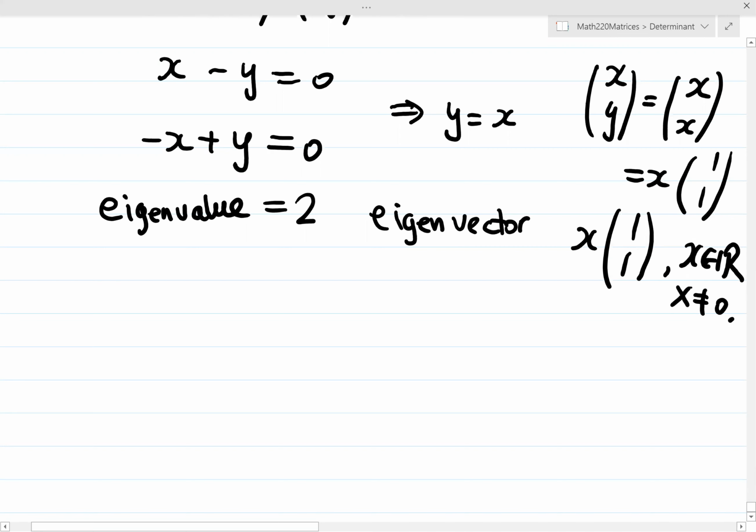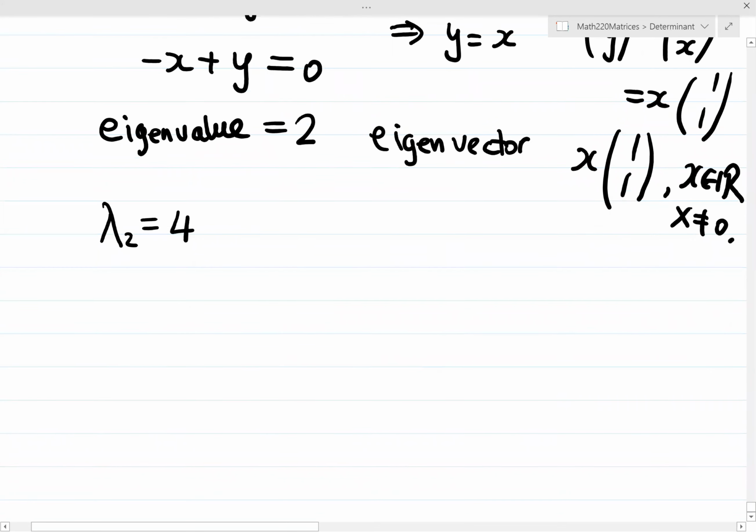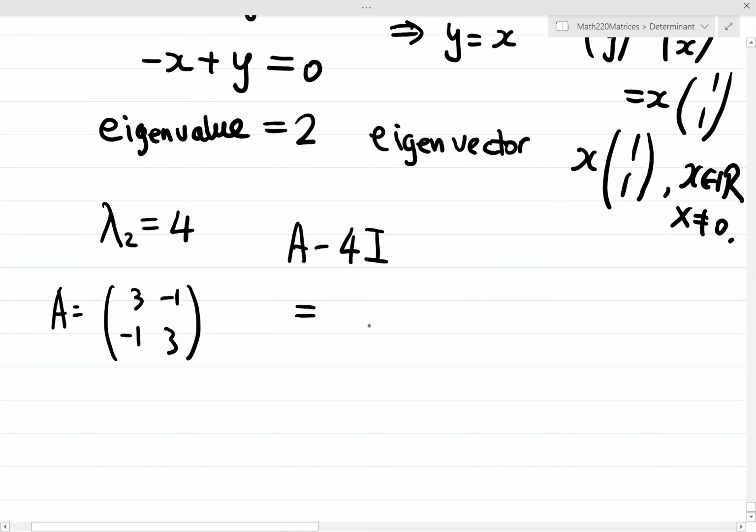Now the other eigenvalue, 4. Remember A is 3, 3, -1, -1. So A minus 4I will have minus 4 on the main diagonal: 3 minus 4, we get -1, -1. The off-diagonal terms are fixed.